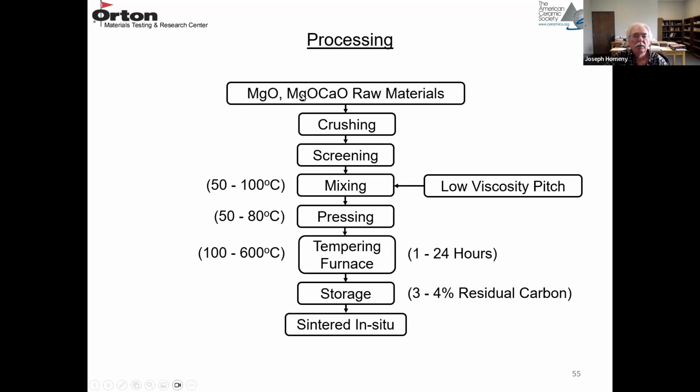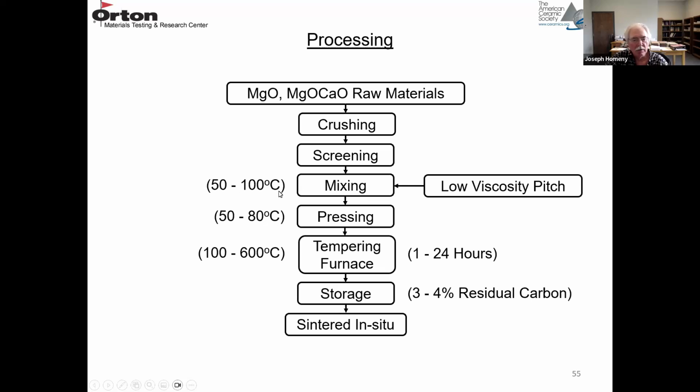So these materials were processed as follows. You start out with a dead burned MgO or dolomite. That material is crushed and screened into the right particle size distributions for maximum density. And then those powders and aggregates are mixed with the low viscosity pitch.